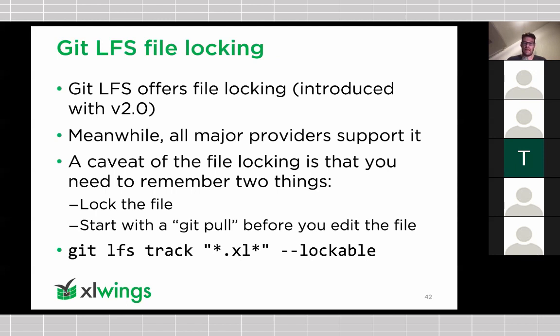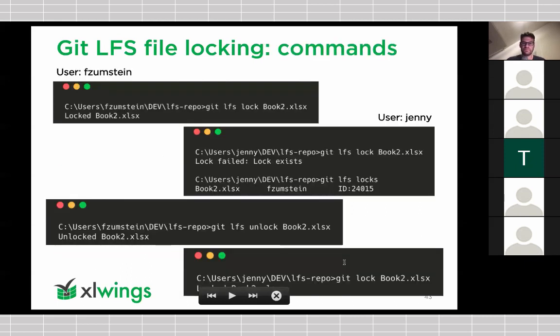And so to use Git LFS and enable the file locking through Git LFS, you would have to issue the command here at the bottom: git lfs track, and then --lockable, to indicate that these are the types of files that you want to be locked from Git LFS.